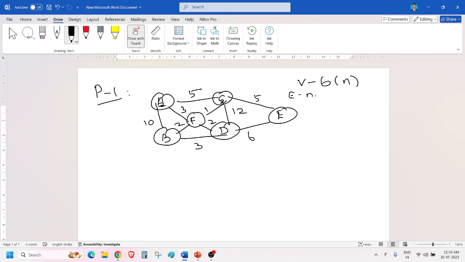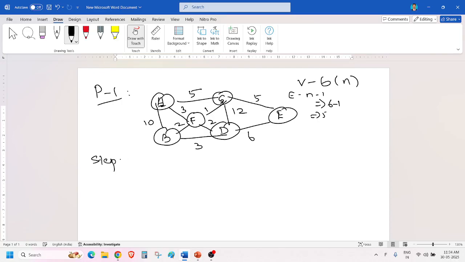Edges is nothing but n minus 1, so you will get 6 minus 1, which is 5. We found 6 vertices, and 5 edges should be covered. When you are solving the problem, you can check that with 6 vertices present, only 5 edges should come. Now we will follow step 1.